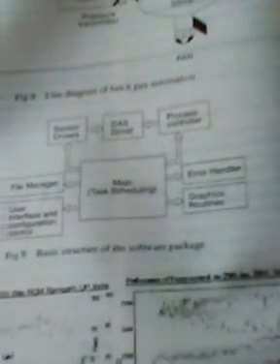Shown is the best system for an electrical automation system, wherein we can see some feedback loop which has sensor drivers, then task scheduling, then a file manager which can document that particular task, then error handling and graphic routines.